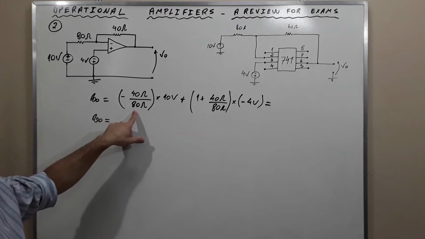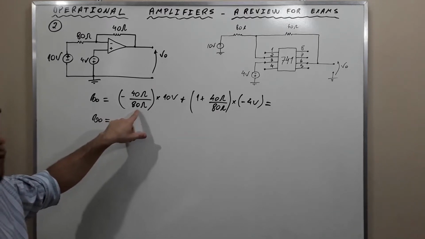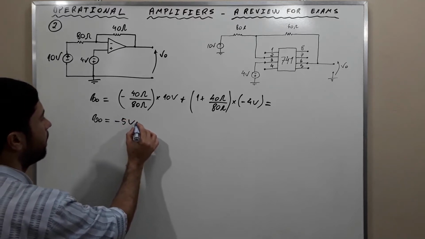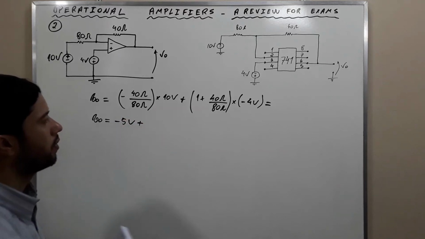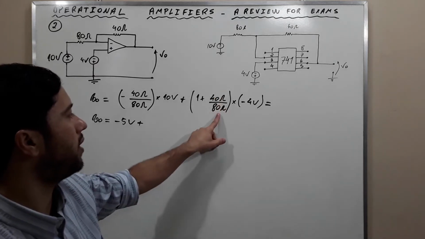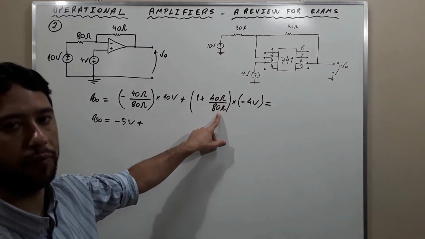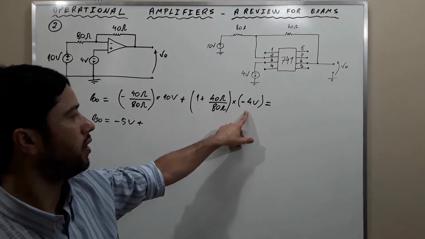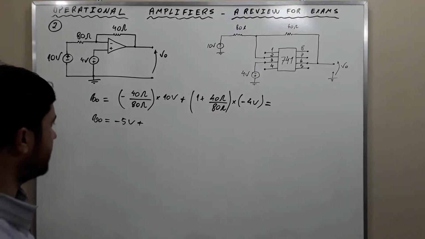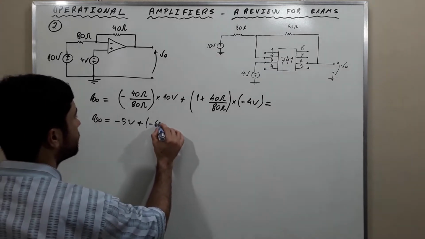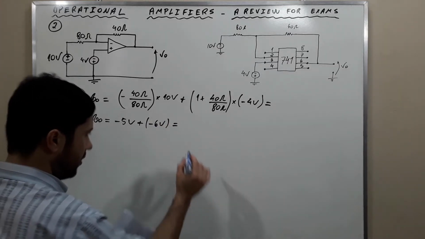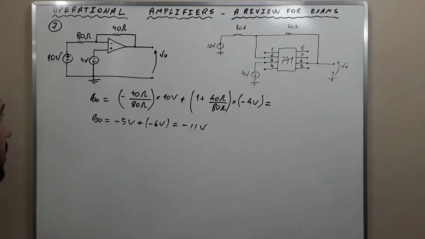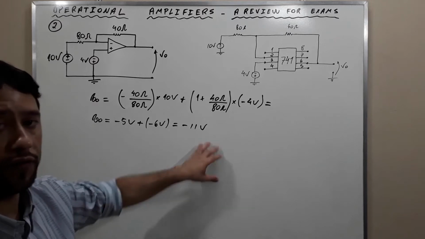Forty divided by 80 is a half, negative a half times 10, negative 5. 40 divided by 80 is a positive half plus 1.5 times negative 4, it's negative 6. And this is negative 11 volts. And this is the solution of this exercise.